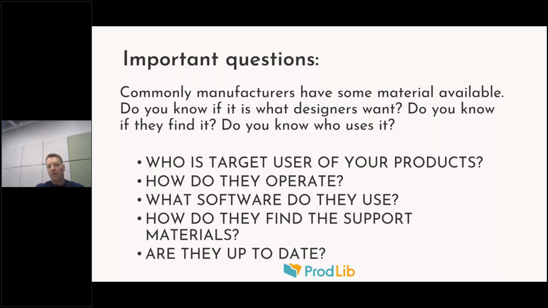Here are a few important questions to think about when you are planning to develop support material for designers. Who is the target user of the products? That's one of the first and most important things. You might have a 3D model made for production purposes, and they say, yeah, we have a BIM file for architects.